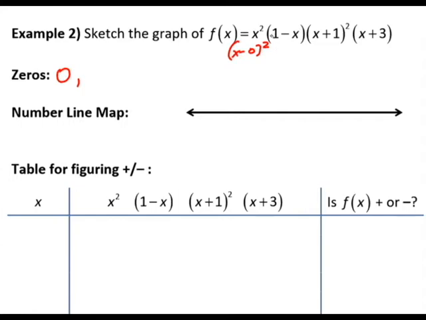To find the 0 generated by 1 minus x, what makes this 0? X is going to be 1. And then x plus 1 and x plus 3 are a bit more traditional. Some of these are squared. We'll see how that affects things a little later.